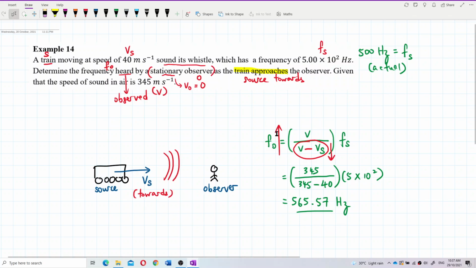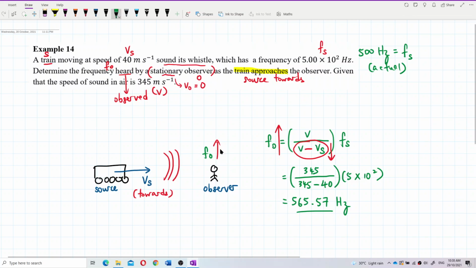But now the observed frequency has increased to 565 because the source is approaching and the wave is being compressed. The observer hears a higher observed frequency.